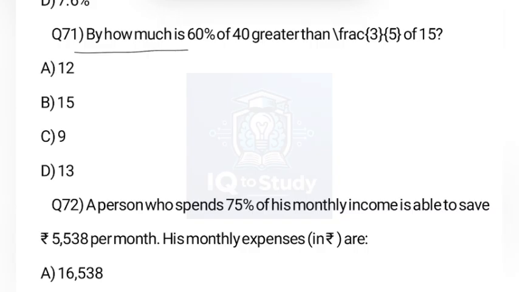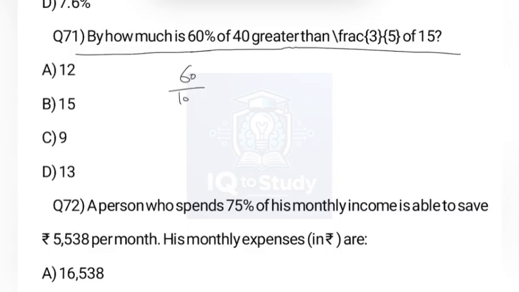By how much is 60% of 40 greater than 3 by 5 of 15? 60% of 40 is equal to 24, and 3 by 5 of 15 is equal to 9.